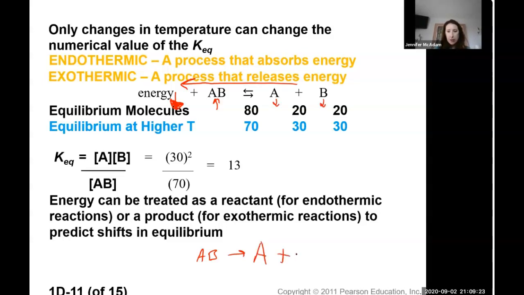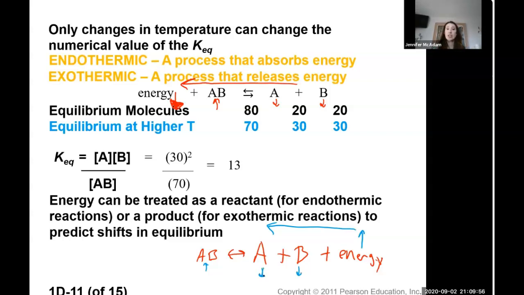So I'm going to do the same exact reaction, but this time I'm going to make it exothermic. So if you add energy to an exothermic reaction, it's going to shift towards the reactants, right? Because again, we treat it just like a product. I'm just going to do that in a different color. So if we add energy, it's going to shift towards our reactants, right? So then therefore our reactants will increase and our products will decrease.